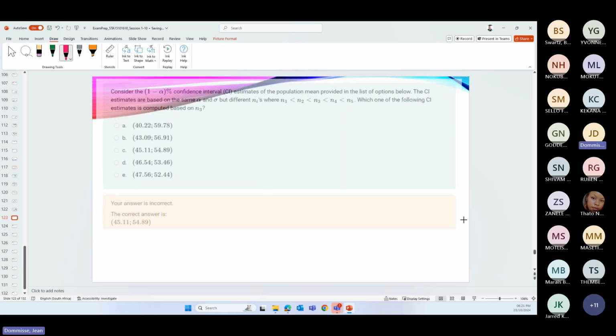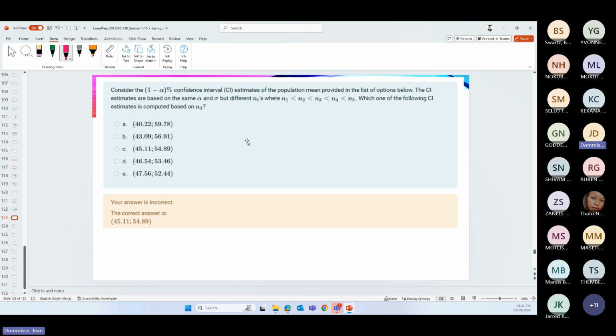Okay, so in this one, they tell us to consider the 1 minus alpha confidence interval estimates of the population mean provided in the list of options below.